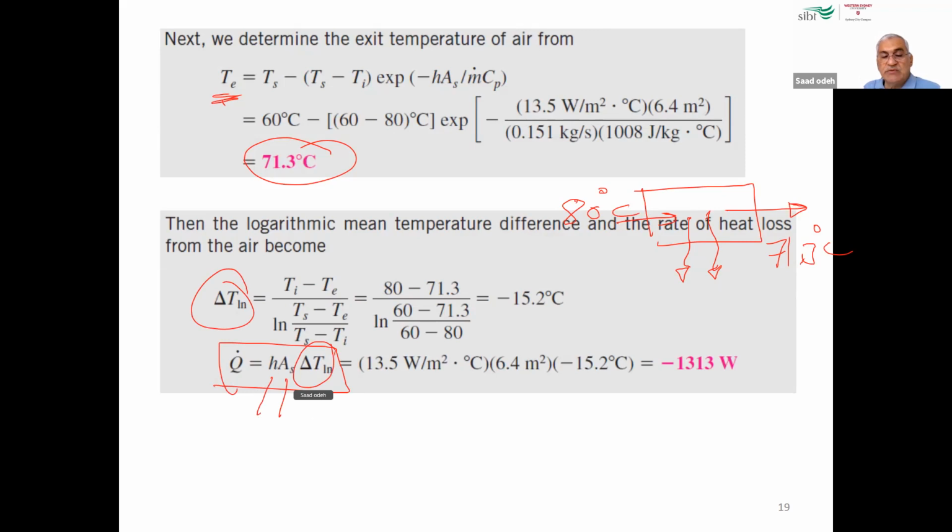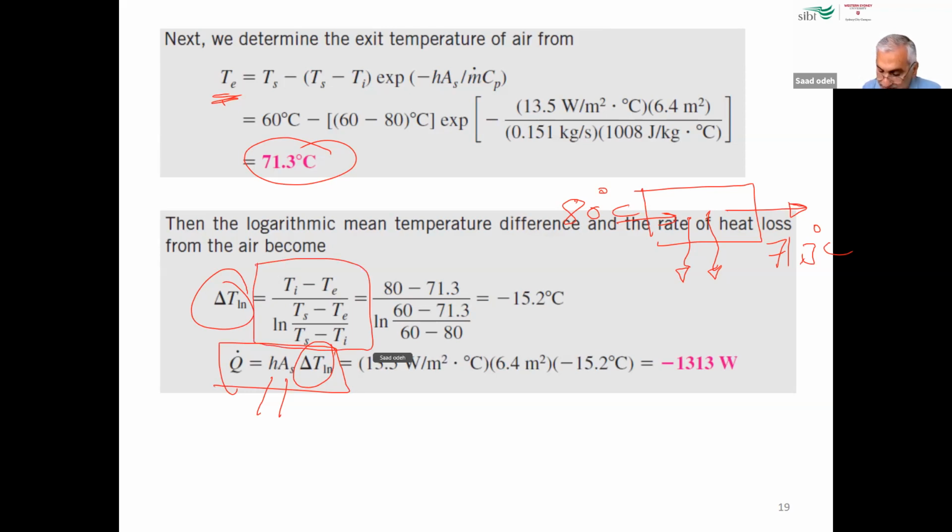And delta T lm we mentioned before, because the fluid temperature changes between inlet and exit, while the surface temperature is constant, we always have delta T varying along the tube or along the duct. Therefore, we need to follow this equation to find delta T lm.